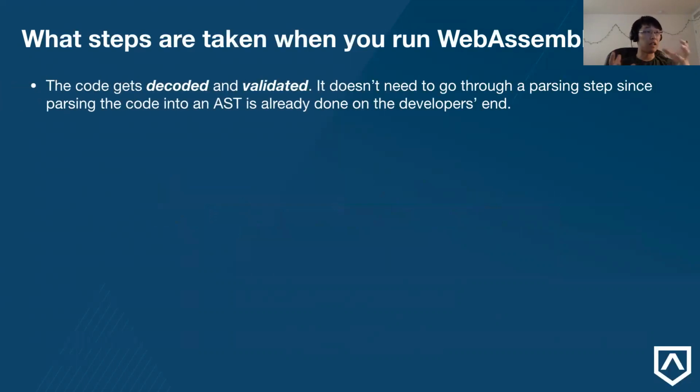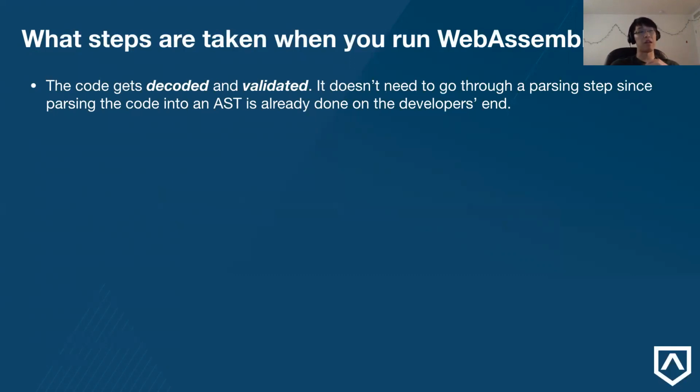So again, WebAssembly code is not interpreted, right? WebAssembly is all going to be compiled from whatever language you choose to run, be it Rust, C, Go, whatever, that code will all be compiled ahead of time. So when it actually gets to the browser, we don't need to do that step of parsing the code into an abstract syntax tree on the browser side.